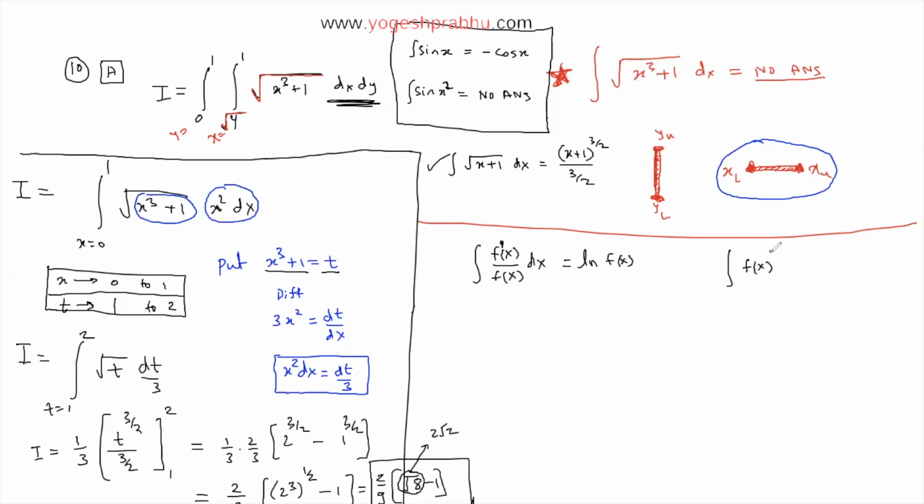If you have a function raised to n, and if you have f prime of x dx, then the answer is f of x to the n plus 1 divided by n plus 1. Okay. So now this integration from x equals 0 to 1. Do you see it is x cube plus 1 raised to half?